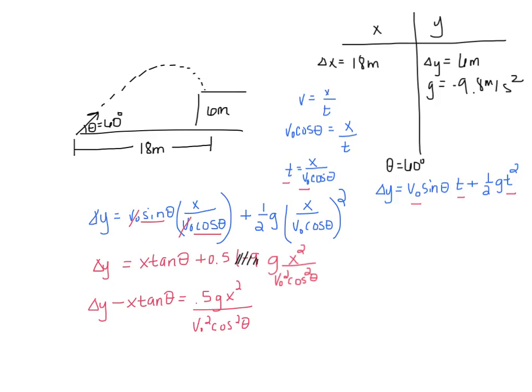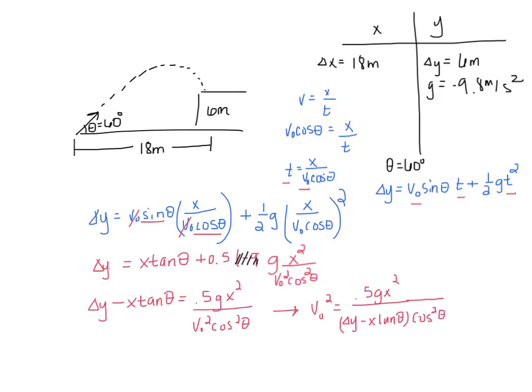Again, here I can just move v naught squared to get v naught squared is equal to 0.5 g x squared over delta y minus x tangent theta times cosine squared theta.